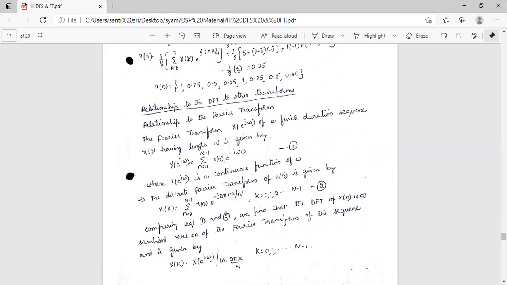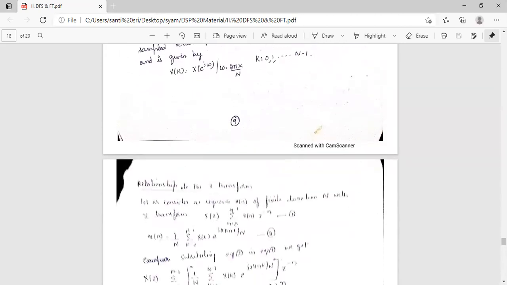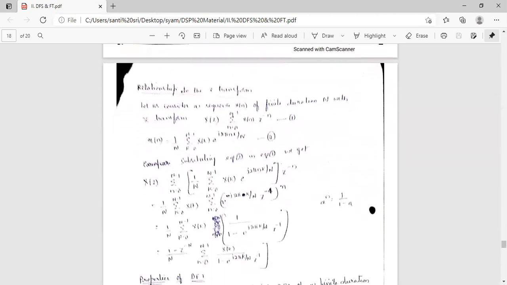So x of k is equal to x of e power j omega. These two are equal when the omega value becomes 2 pi k by n. This is the relation between the discrete Fourier transform and the Fourier transform. So x of k equals x of e power j omega at omega equal to 2 pi k by n. That is the relation between the discrete Fourier transform and the Fourier transform.